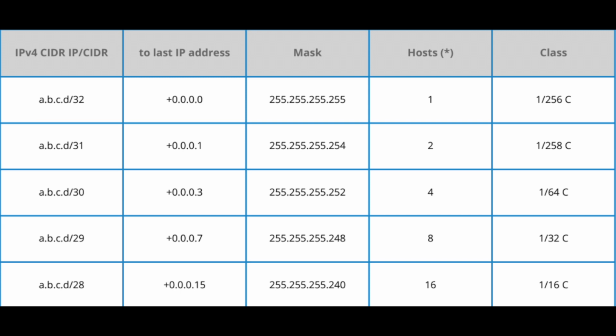CIDR revolutionized this by combining network and subnet IDs into a single identifier, disregarding address classes entirely. With CIDR, network sizes can vary, and routers only need to know one entry in the routing table for a range of addresses. This improves efficiency and simplifies network management.